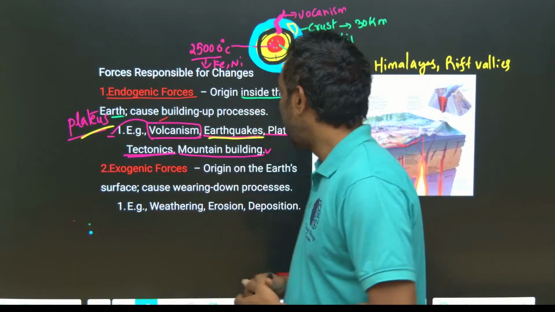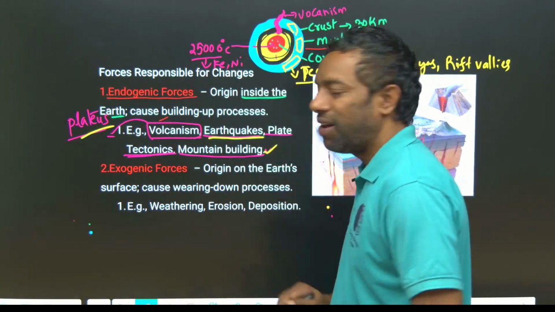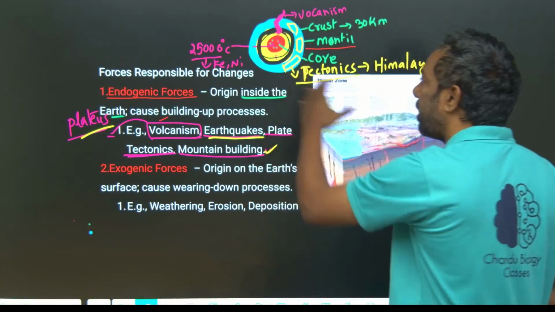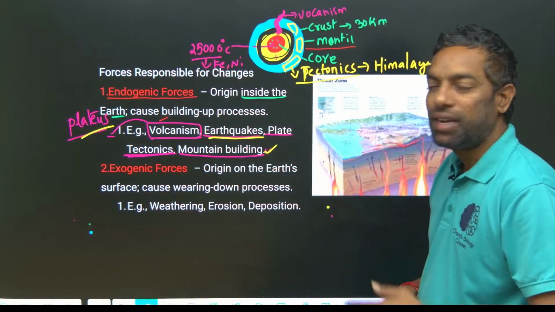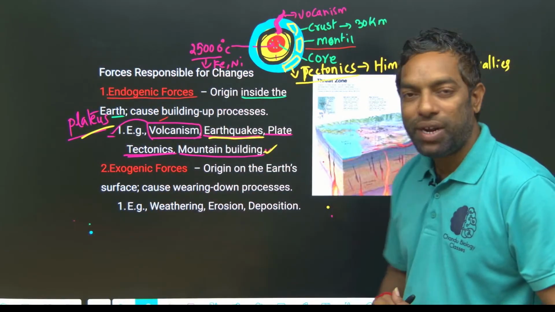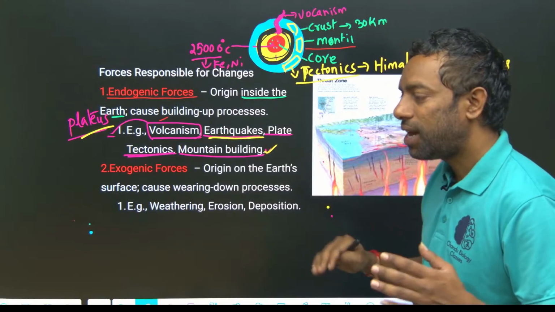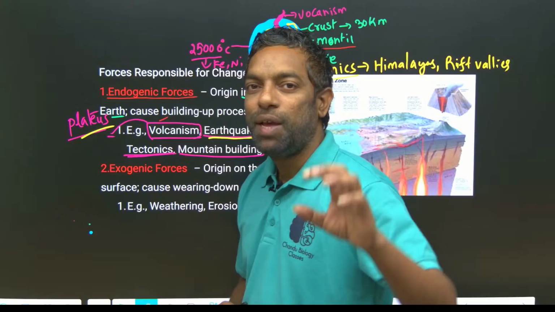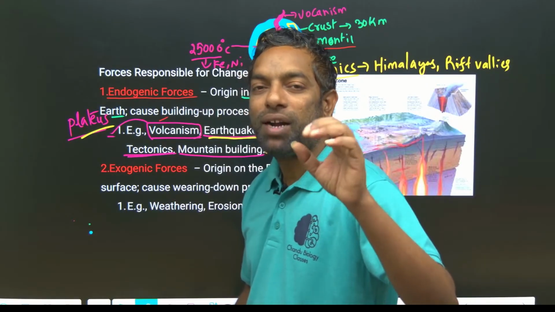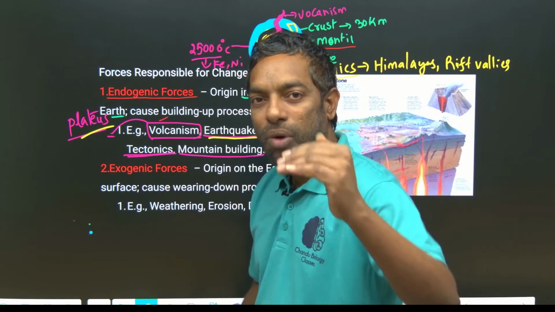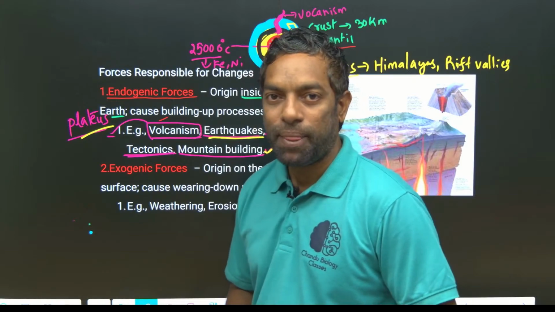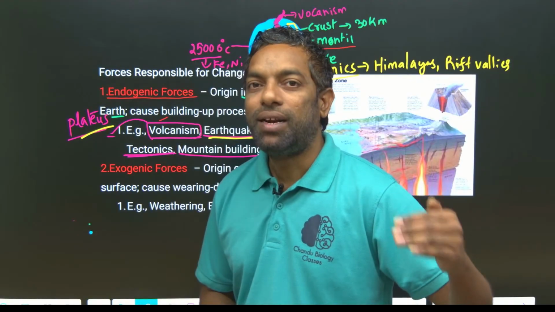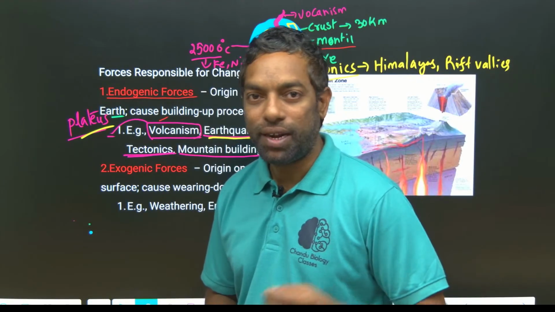And mountain building also comes under this, as the surface of the earth, the crust, creates certain causes of mountain building. These are the endogenic forces. Mainly the earth has three parts: the earth crust area, mantle area, and core area. The crust area creates plate tectonic activity that creates mountains or rift valleys.